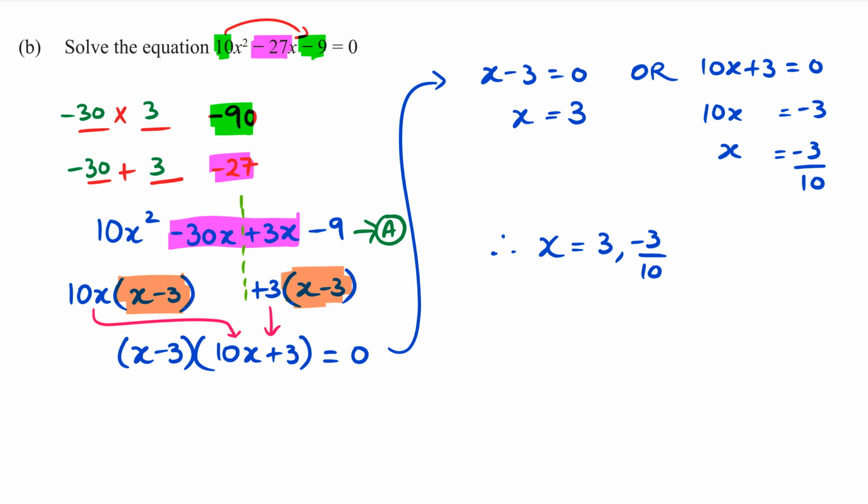Both solutions consistent with their factorizing. So let's say you do the wrong factors, but your two answers are correct, then you get an achieved. For a merit grade, correct factorizing gains regardless of the solution stated afterwards. Oh wow, okay. So for the merit grade, it's up to here.